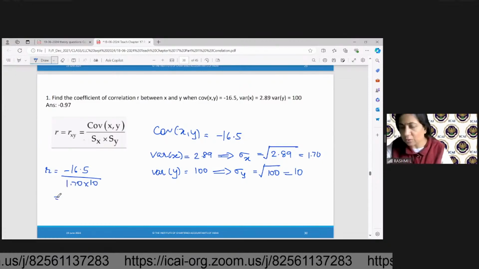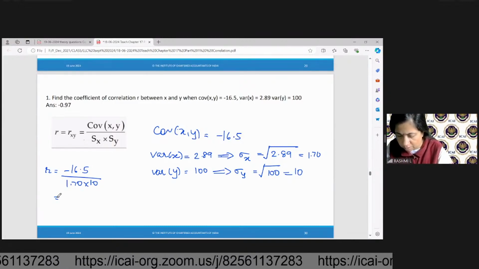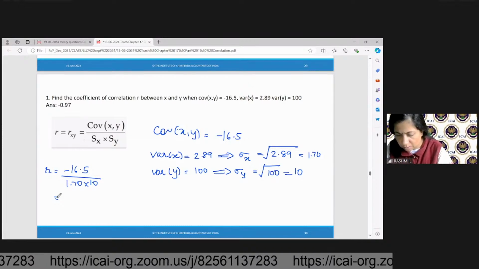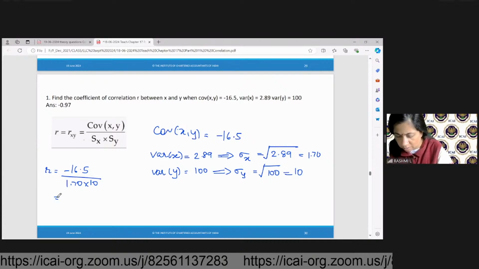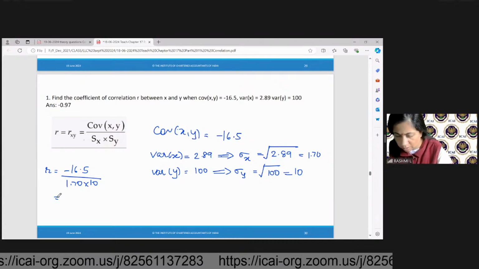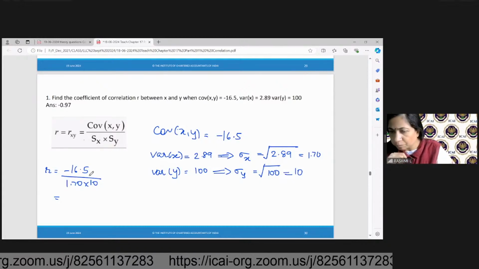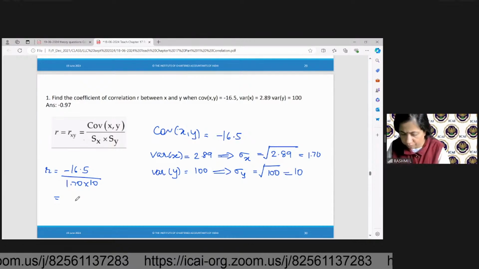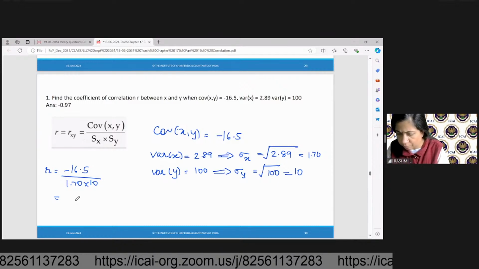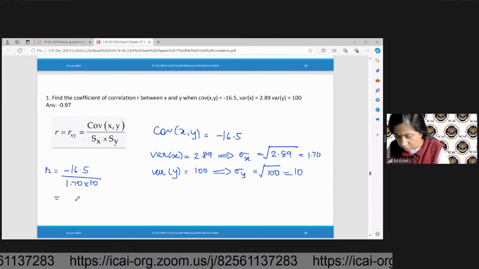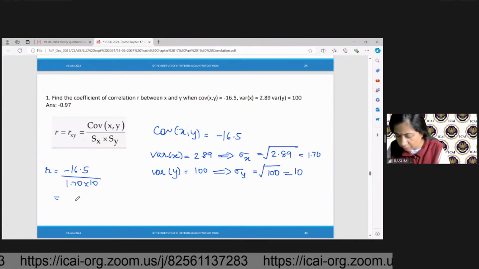Can you find the value? Sixteen point five divided by 1.7.